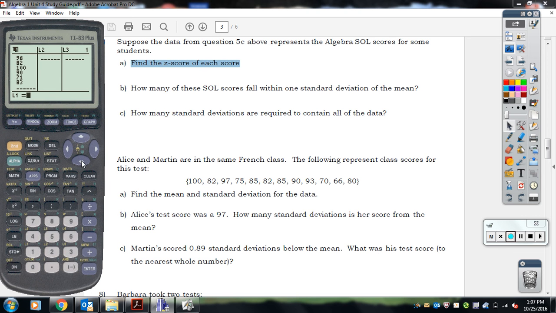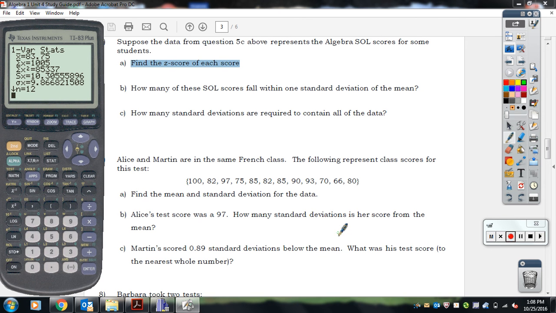Clear, and then hit Enter to go back down. That'll clear it out. Now plug in all these numbers. And once I have them all in there, I'll find my mean and standard deviation by doing Stat, Calc, hit Enter. Hit Enter a couple times. My average is 83.75. My standard deviation is 9.867, we'll say.